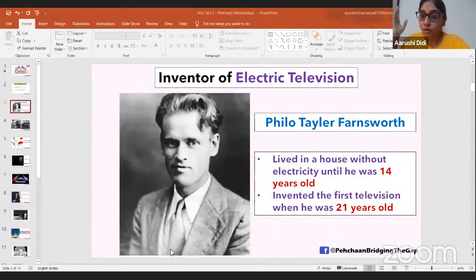Something interesting to think about. Also, he belonged to a rather poor family. His father passed away when he was in high school, which means that he had to assume the responsibility of his entire family. He started earning when he was very young, and he went on to invent the first television when he was only 21 years old. I am 20. He was just 1 year older than me when he invented the first television, right? Interesting. Next slide, please.